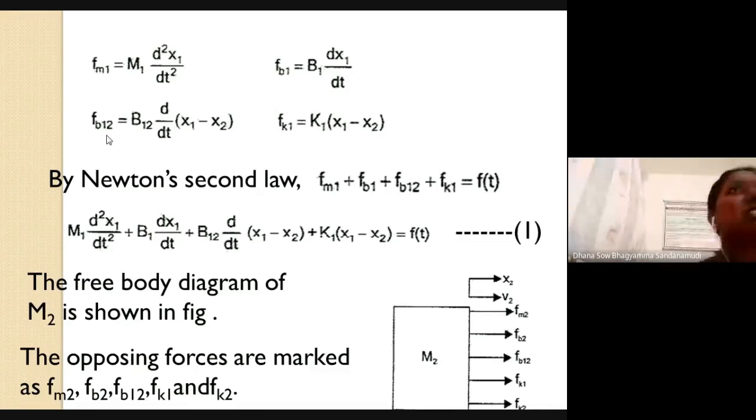These are all the opposing forces. According to Newton's second law, the opposing forces will be equal to the applied force. The opposing forces Fm1, Fb1, Fb12, and Fk1 are equal to the applied force F of t. You know these equations, so substitute them here.